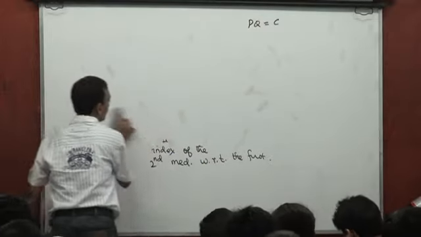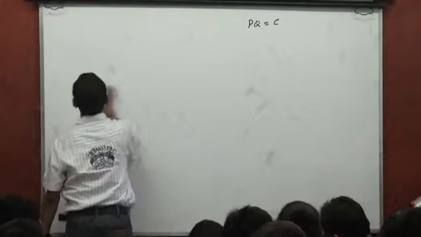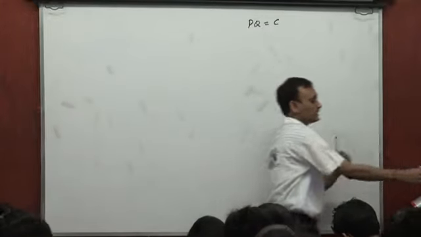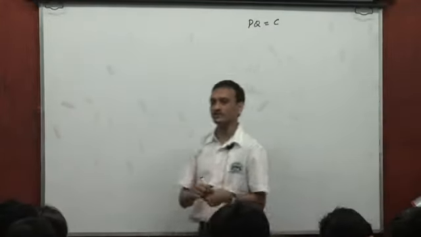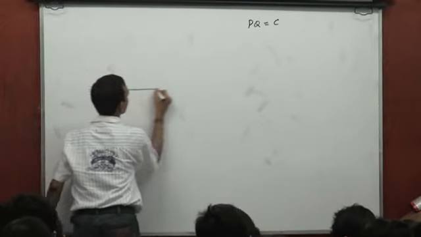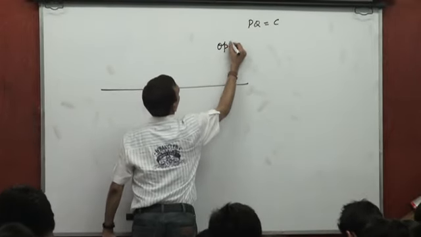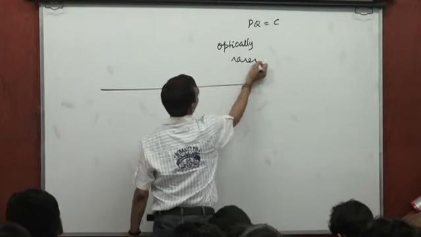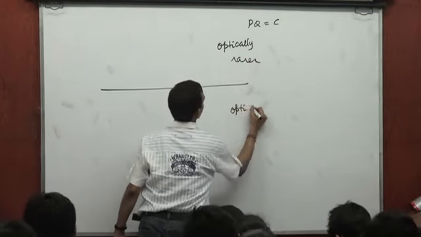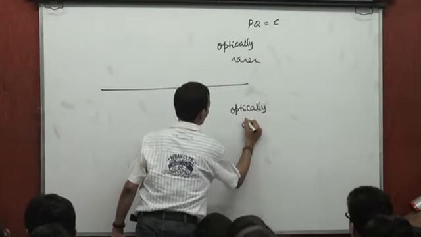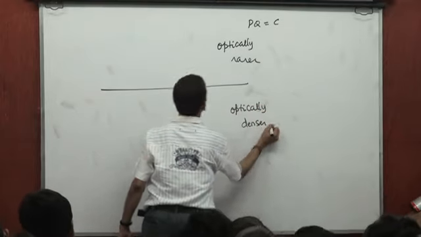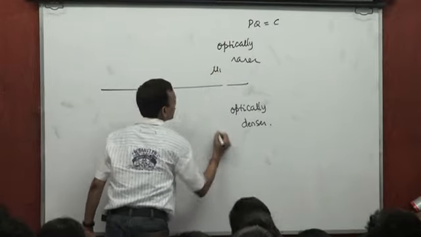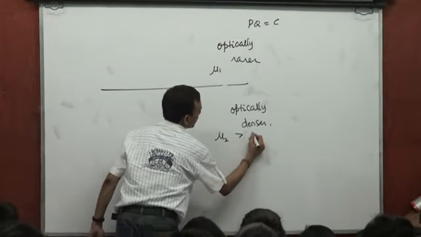Suppose a ray of light goes from an optically rarer to an optically denser medium, for example. Which means if this is mu1 and this is mu2, then mu2 is greater than mu1.